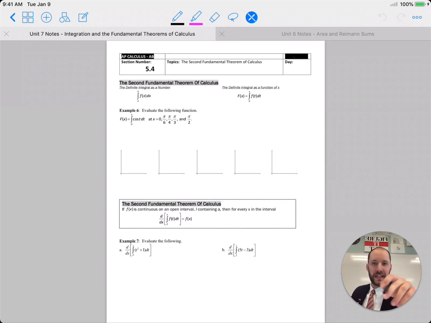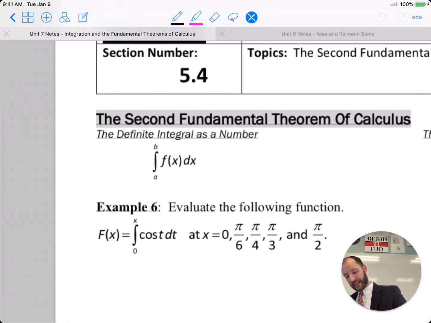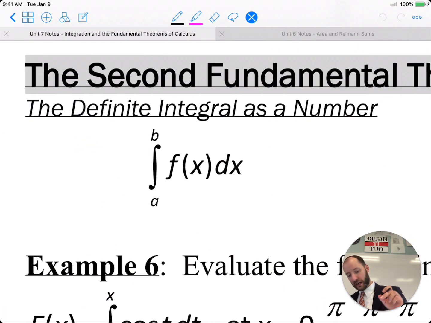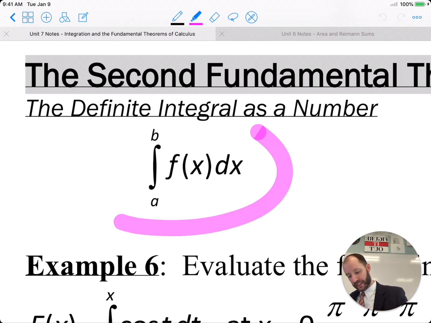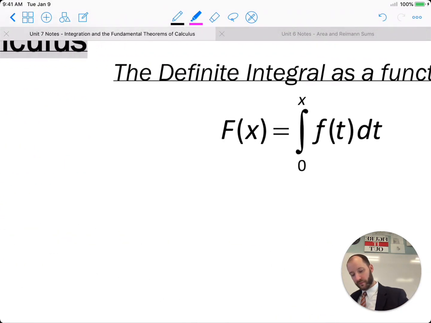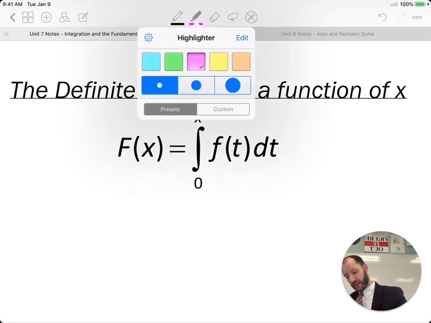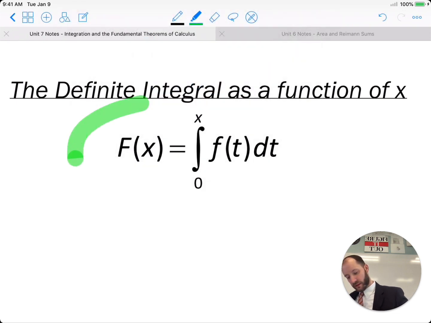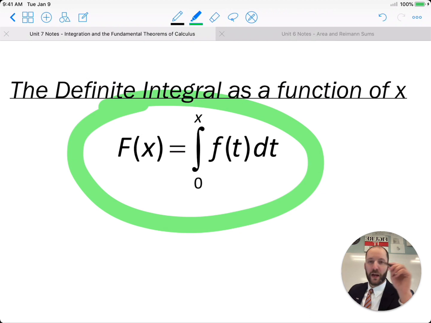Now the second fundamental theorem of calculus takes the first fundamental theorem, which we saw last section. You have the upper and lower bounds a and b, and then those upper and lower bounds, one or both, can be replaced with a function.